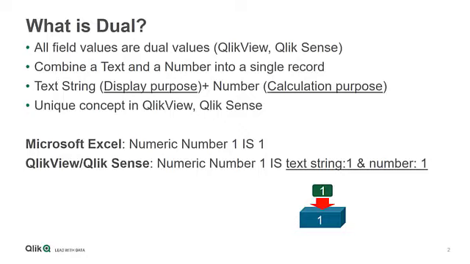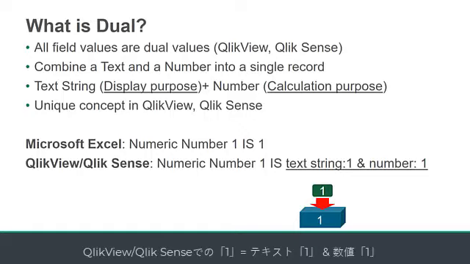Dual is a unique concept in QuickView and QuickSense. Let me give an example. When we talk about Microsoft Excel, numeric number 1 is just 1. But in QuickView and QuickSense, it is slightly different. I put in this slide an image that shows the concept.